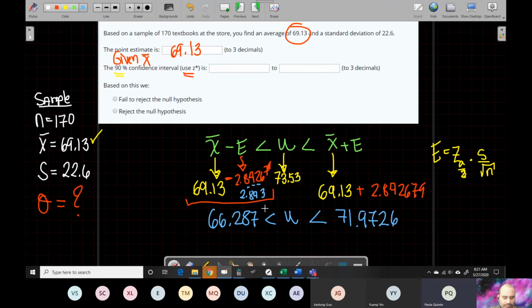Let me say 69.13 minus 2.843. What is it that they want? 69.13.